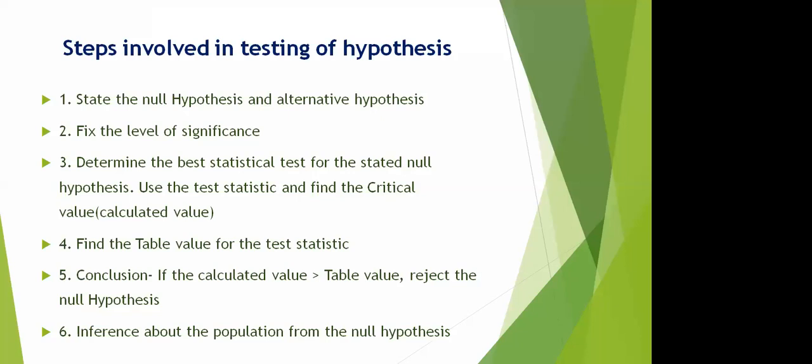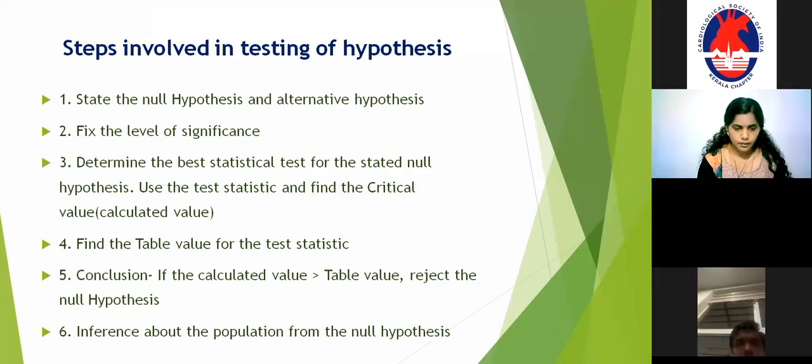Null hypothesis is a negative statement or neutral statement against the researcher's statement. Suppose the researcher wants to prove that there is a difference between two variables, or that a relation exists between two variables, then that is his prediction.